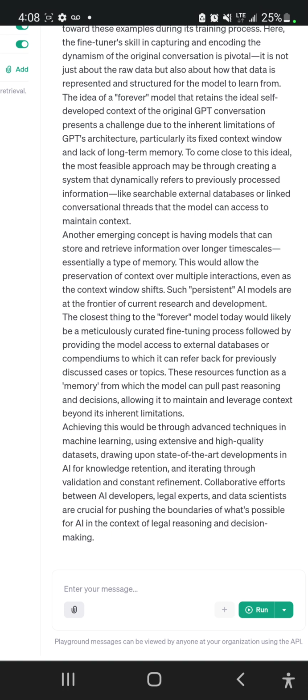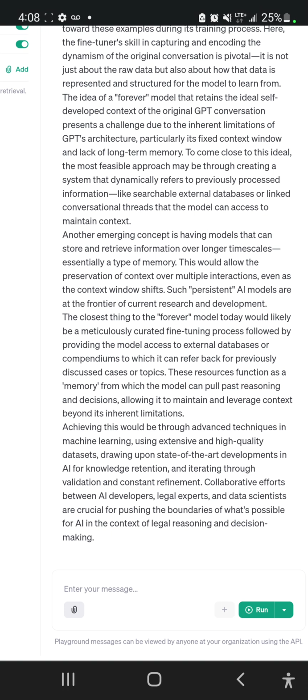Another emerging concept is having models that can store and retrieve information over longer timescales, essentially a type of memory. This would allow the preservation of context over multiple interactions. Extremely key, I add as a side note.